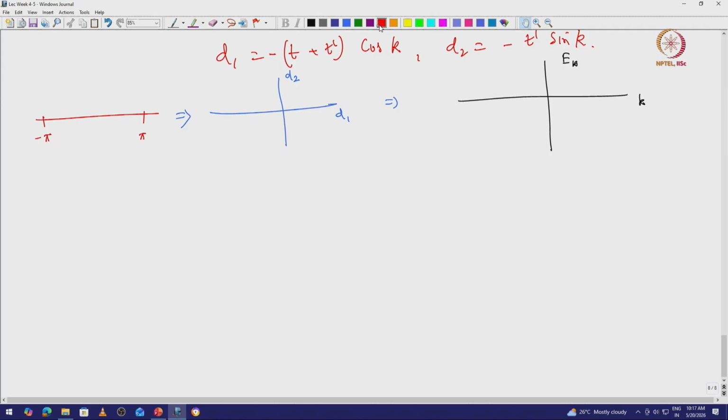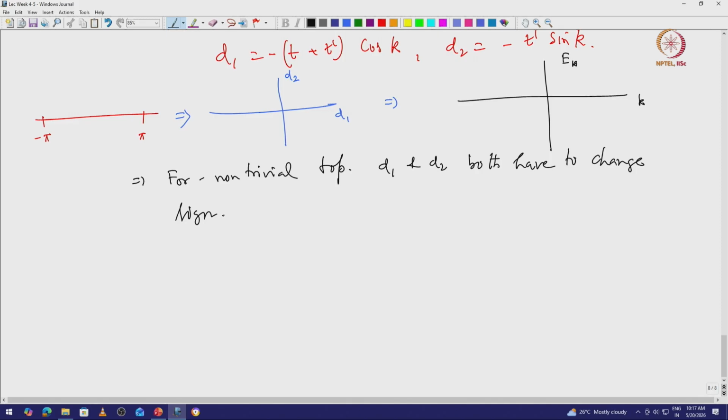Okay. So, for non-trivial topology, d1 and d2 both have to change sign within the Brillouin zone.